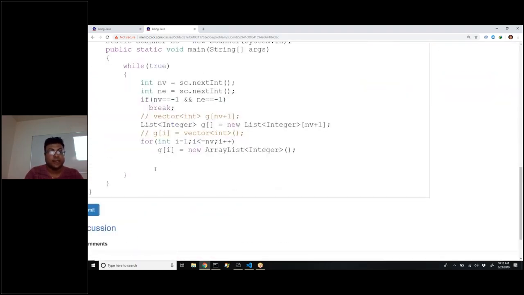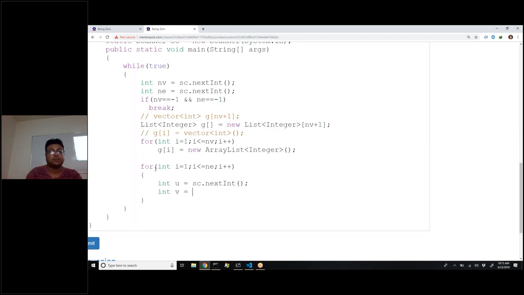So here we go ahead and say for int i is equal to 1, i less than equal to NE, i plus plus, we read U and V. U is the first vertex, sc dot nextInt, and V is the second vertex, sc dot nextInt.